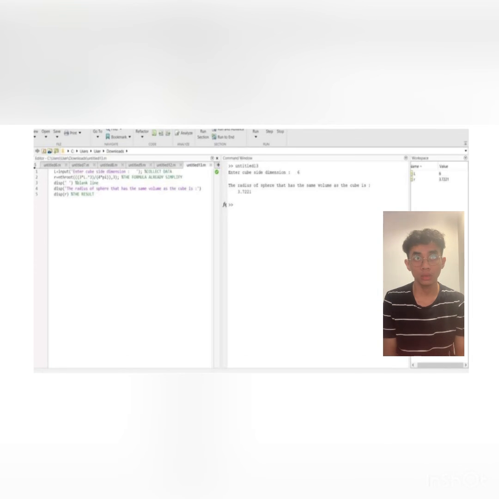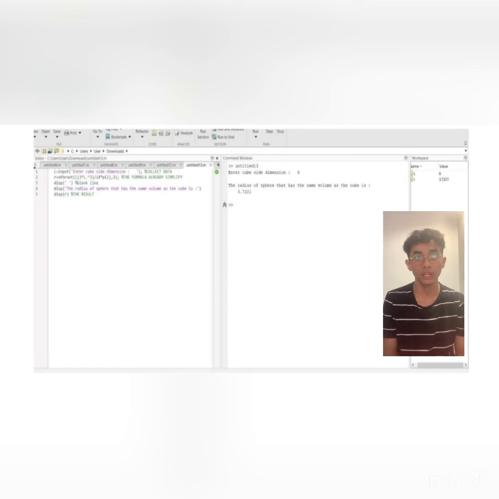Next, we need to key in the formula to find the value of the radius of the sphere. The formula is quite similar, but it is different, which is the square root of 3L to the power of 3 divided by 4 pi.